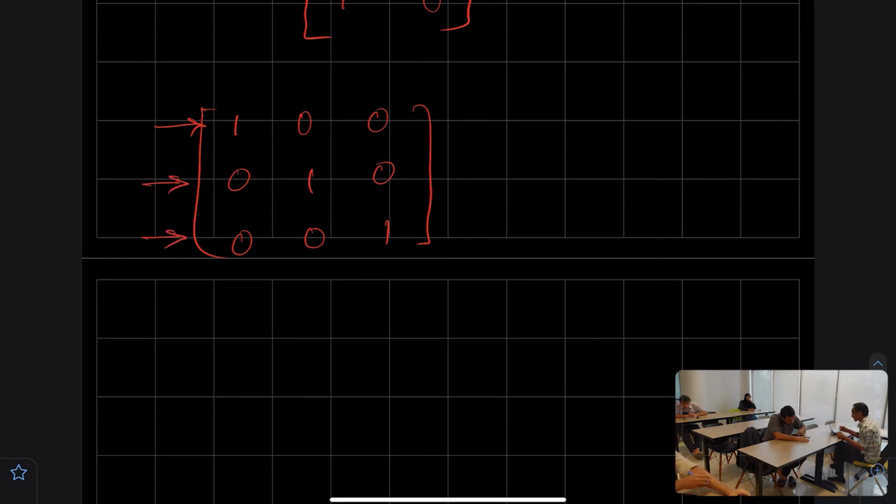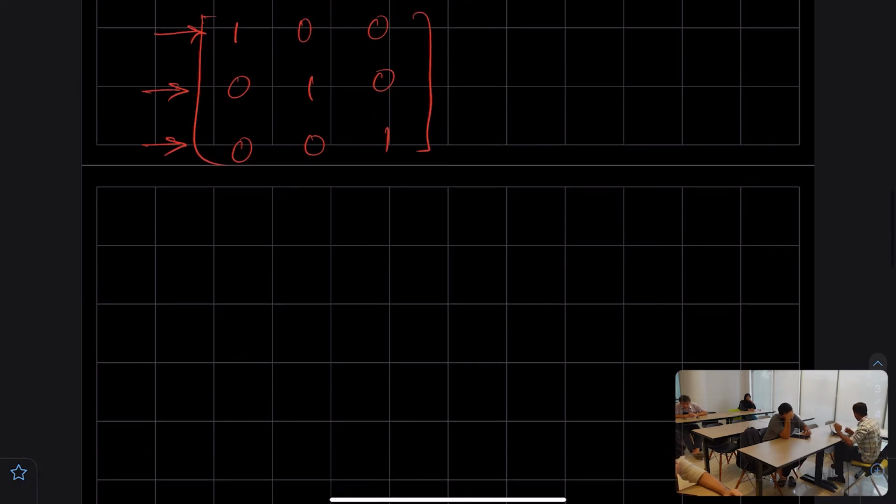Can you tell me which condition in the definition is not here? Yes, there is no zero row in this matrix, right?